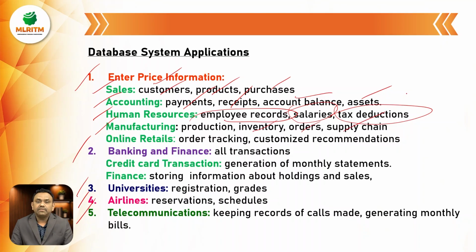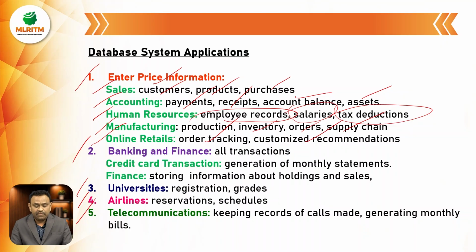Here order means when it is ordered and delivered, and it maintains the product number, product size, product specifications, etc. Coming to online retail, DBMS maintains order tracking, customer recommendations, etc.